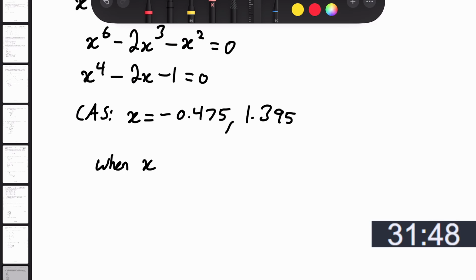When x equals negative 0.475, y equals, so let's put this in here. Let's do solve, with x equal to negative 0.475, given that I want the value of y.